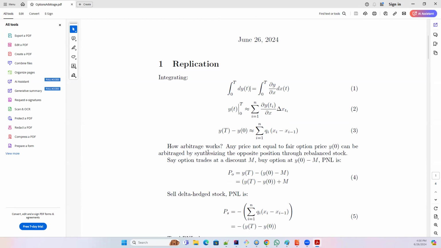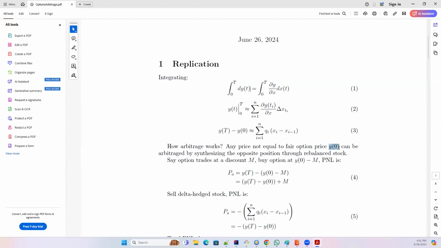Okay, and how does this arbitrage work? Well, we have this formula, which is mathematically precise, and we don't know yet what the current price of the option is, what the price should be that cannot be arbitraged. But what we'll prove in the following is that if the actual price on the market trades at the margin M, let's say you can buy an option which is lower than the price that it should be.